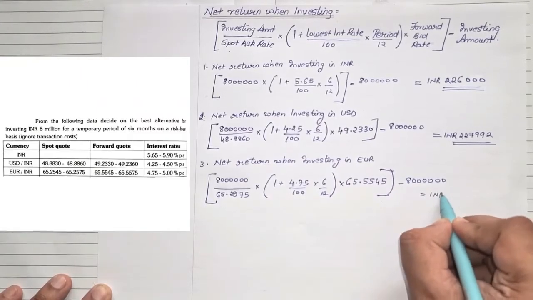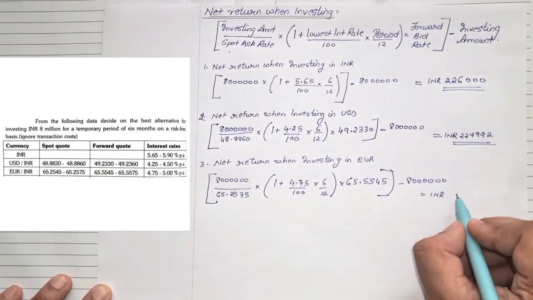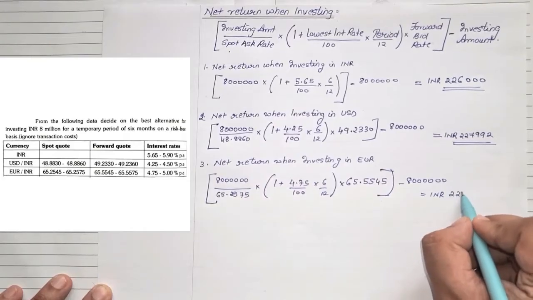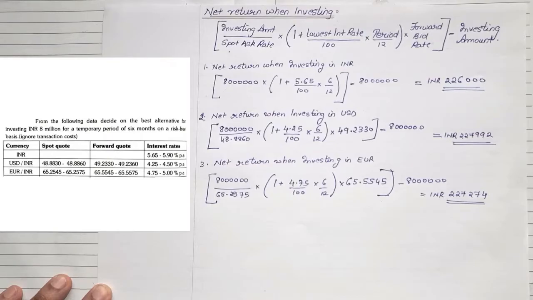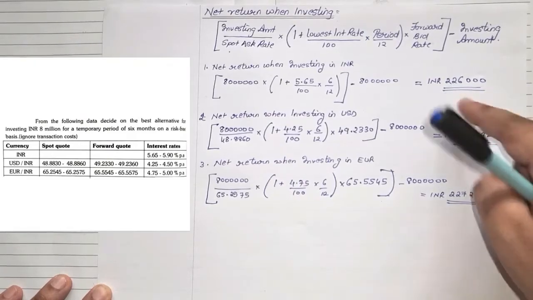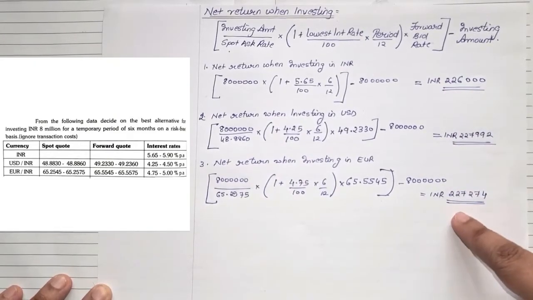When you solve, you should get your final value as 2,27,274. So we have three values: 2,26,000, 2,27,992, and 2,27,274.